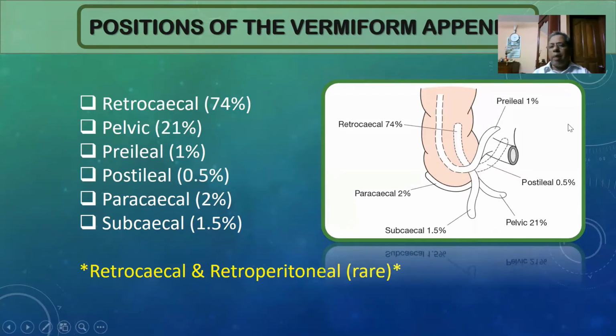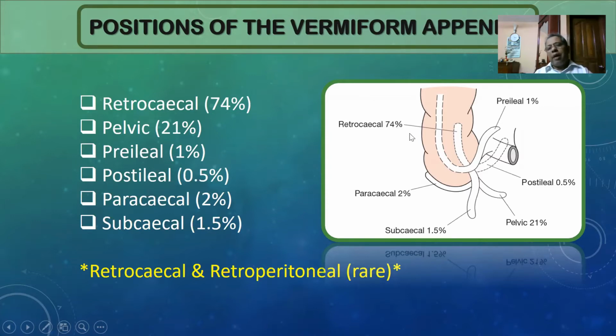So during development, the cecum is first placed at the right hypochondrium in the upper part, and the tip is hanging there. But subsequently, when the child grows and the body increases in size, the cecum descends down. So with that descent, the tip stays there while the base lies there. For that reason, the lengthening of the ascending colon causes the appendix to be in a retrocecal position. For that reason, the retrocecal position is 74%, the highest in percentage.